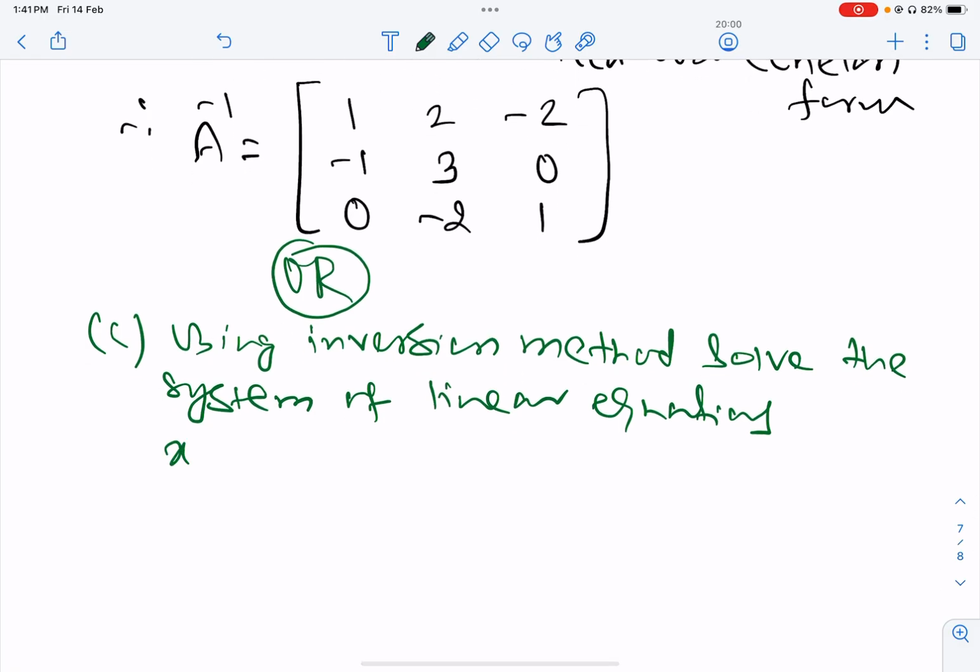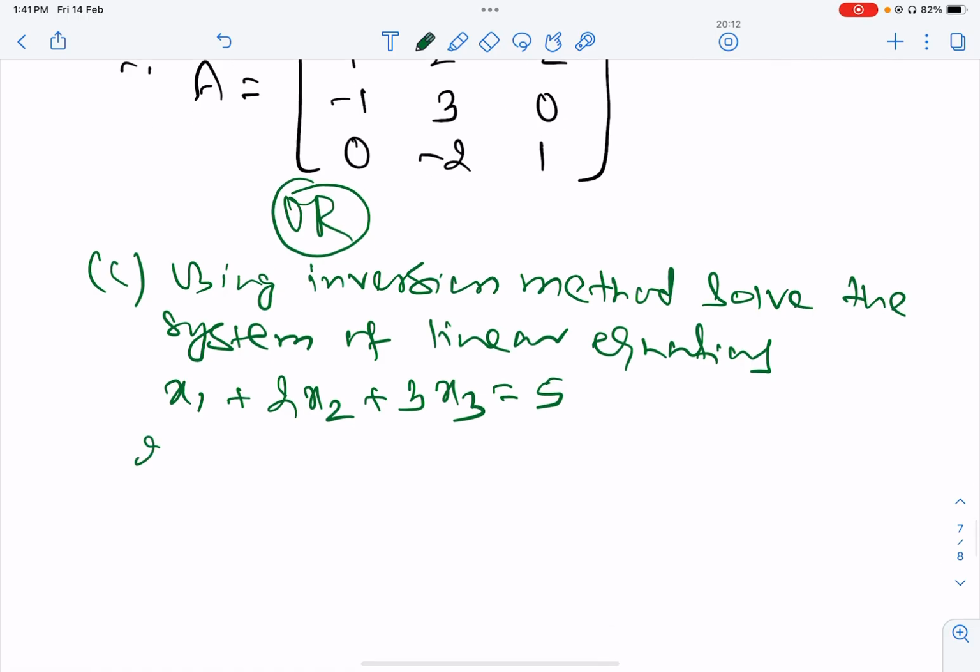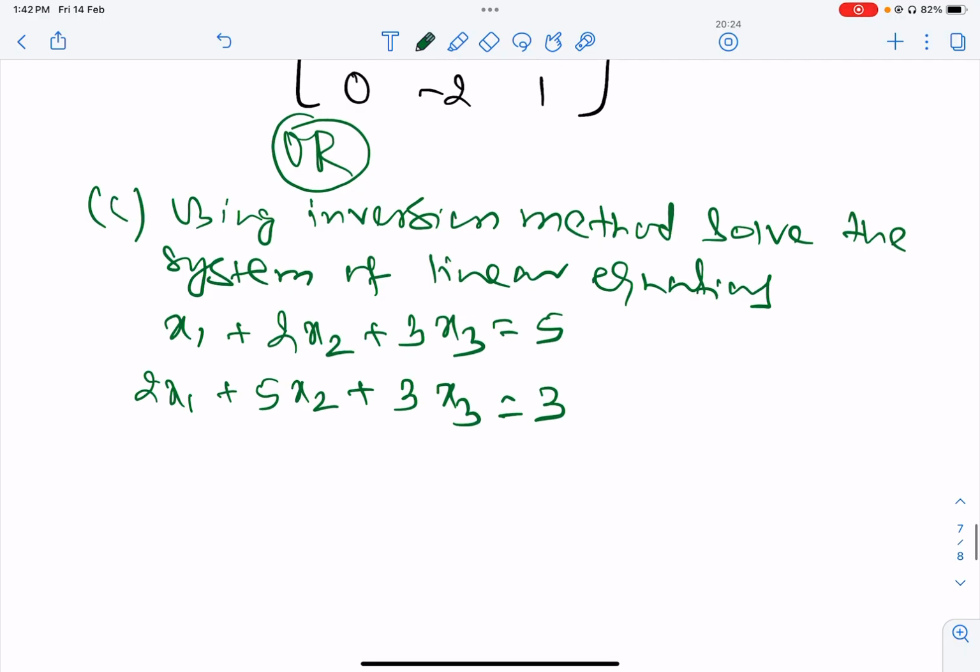And it is like this: x1 plus 2x2 plus 3x3 equal to 5, 2x1 plus 5x2 plus 3x3 equal to 3, x1 plus 8x3 equal to 7.